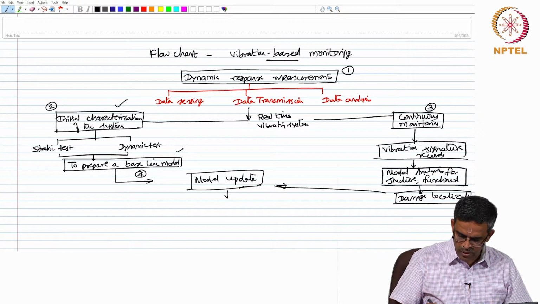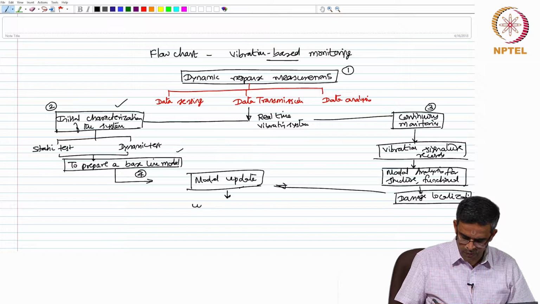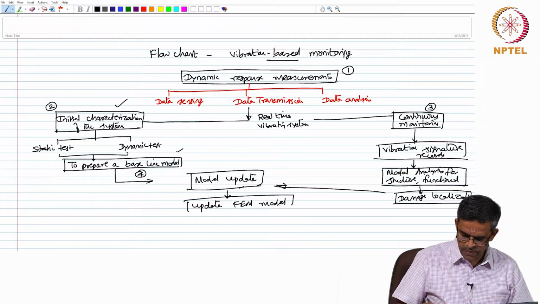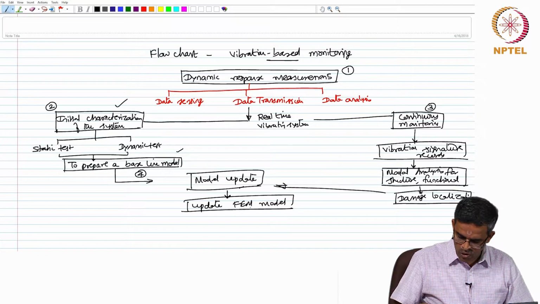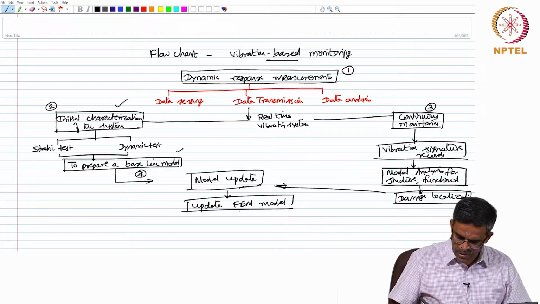So, based on the updated model, we will further update the finite element model for analysis, and based on which the performance evaluation of the system is done.